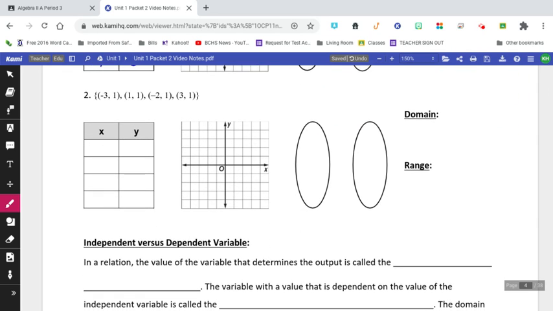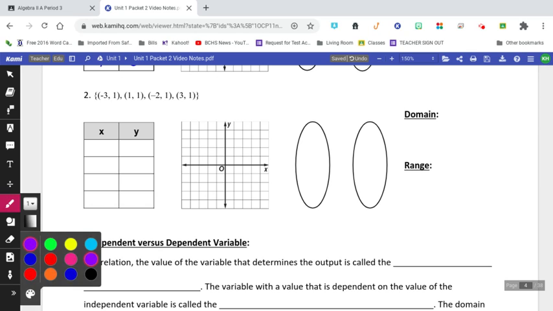Okay. So number 2 might be a good one for you to pause the video and try on your own.